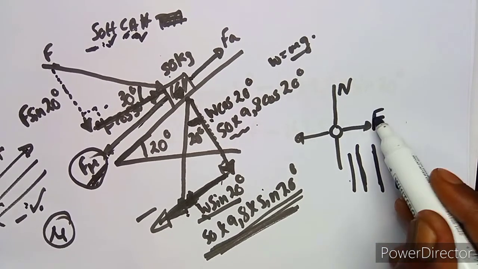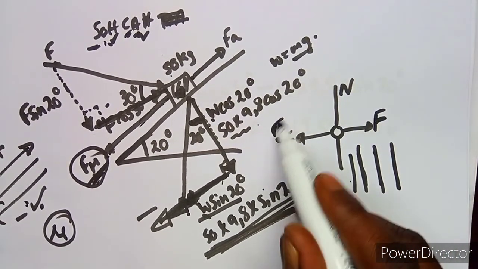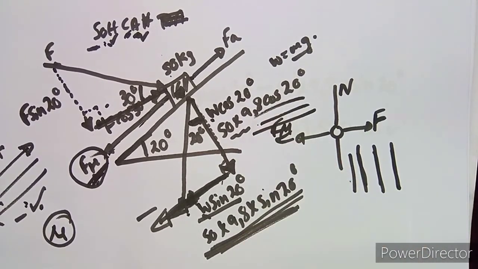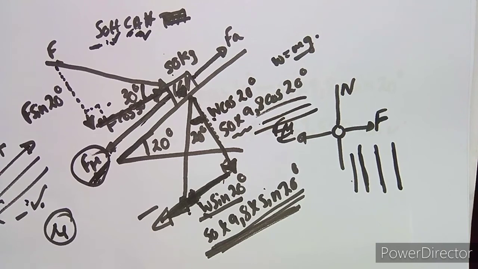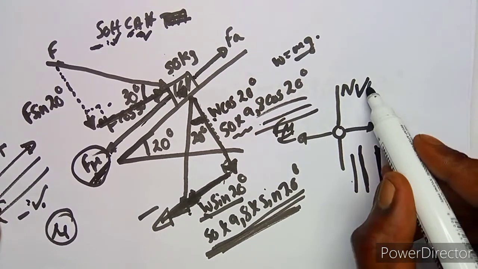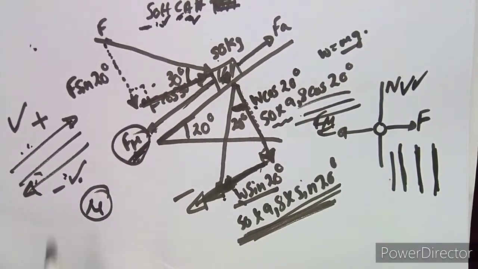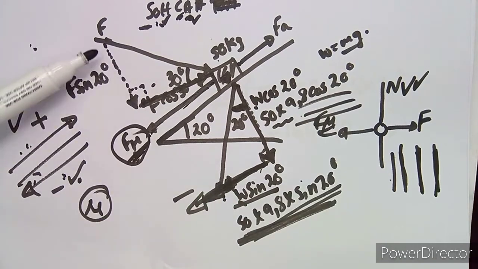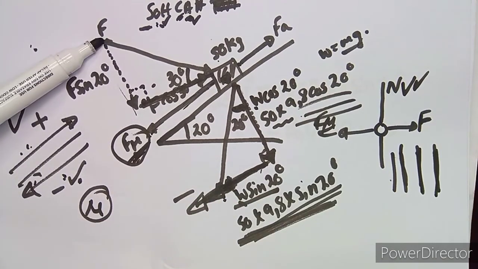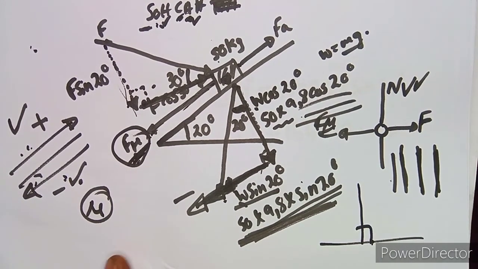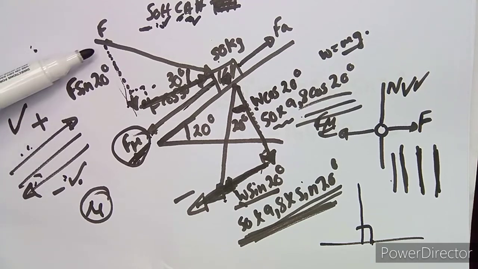If there is a force on this side, friction is going to be on the other side like this. That is why you took the ones which are in a parallel manner like that. But these ones, we need the ones which are perpendicular so that our N can be achieved. So we are referring to these ones which are forming a vertical line like this one. It's a vertical line, but it's perpendicular to the plane.